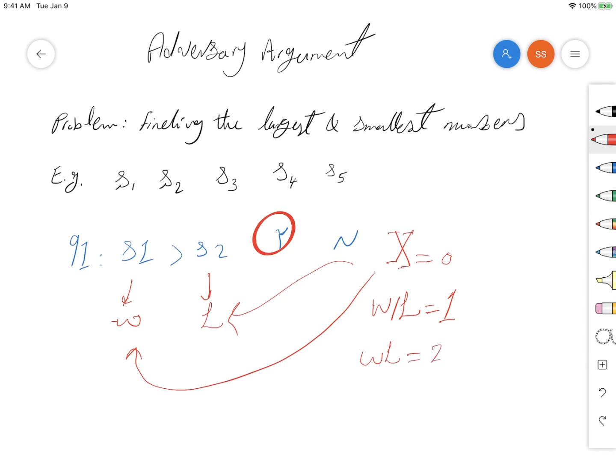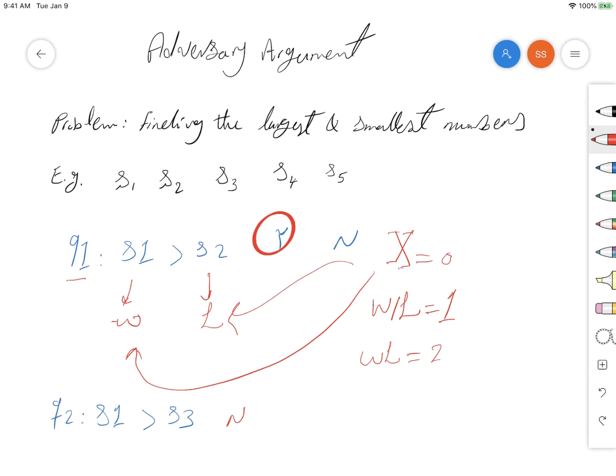When this happens, for example, assume that question number 2 asks if S1 is greater than S3 or not. And let's assume that the answer to this question is no. That was question number 1, where we found that S1 is greater than S2, so we changed the status of S1 to W. Also the status of S3 was x.